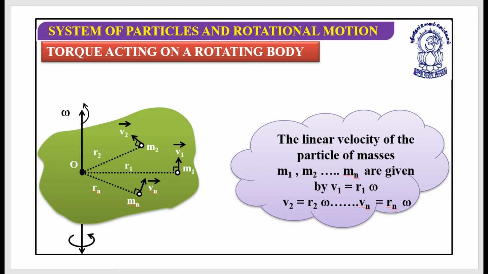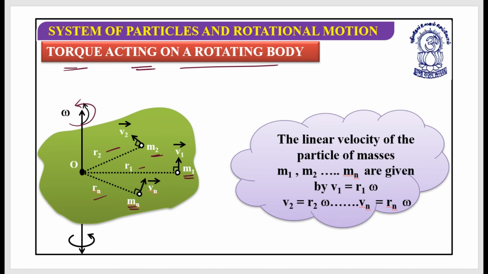Let's check what torque is acting on a rotating body. We have different masses such as m1, m2, m3 and mn. This is the rotational axis around which the whole body is going to rotate, and the perpendicular distances from the rotational axis to all these masses are r1, r2, r3, rn respectively.